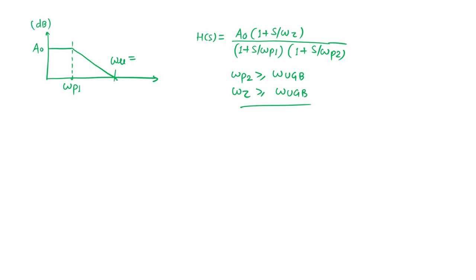And after that, if a pole is coming, I don't have any problem. If after that a pole is coming and then the zero is coming, it is not my problem.